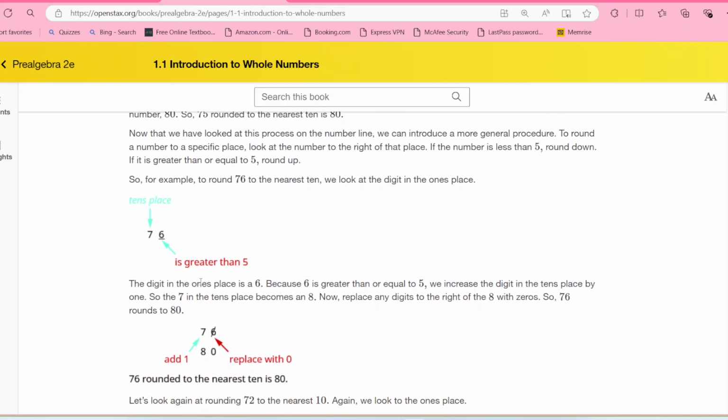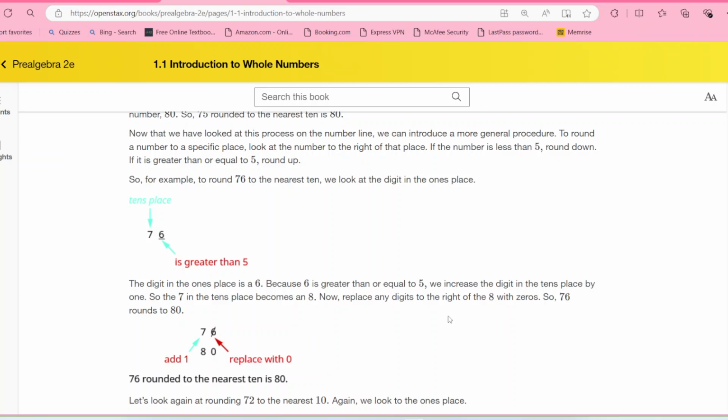The digit in the ones place is a 6. Because 6 is greater than or equal to 5, we increase the digit in the tens place by 1. This is the rounding up portion of the procedure. So the 7 in the tens place becomes an 8. Now replace any digits to the right of the 8 with zeros.